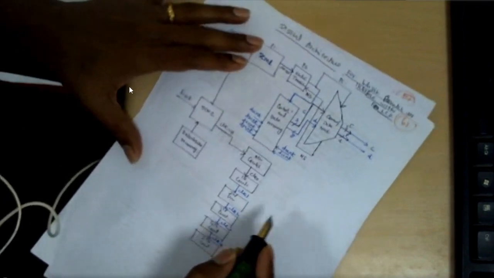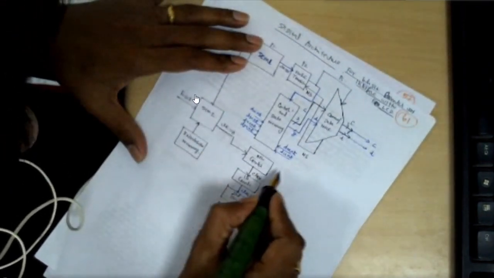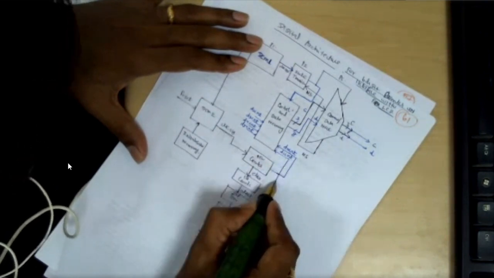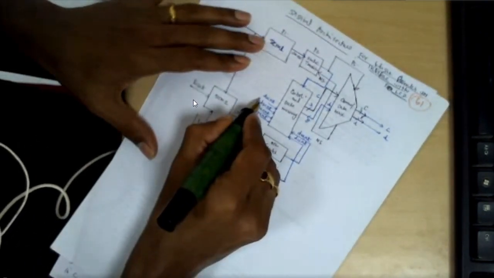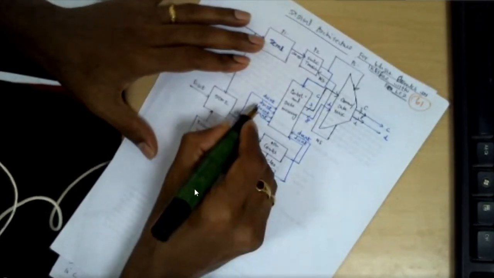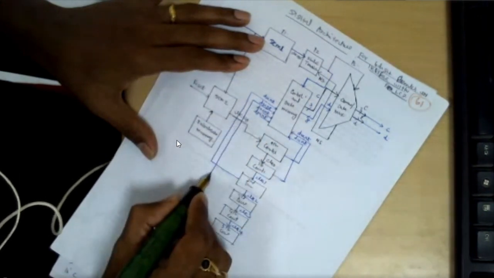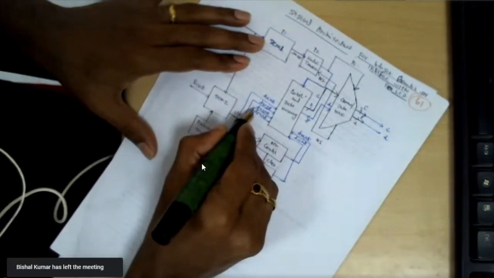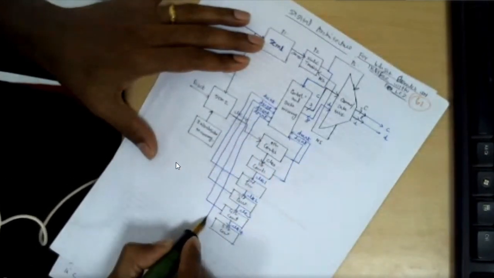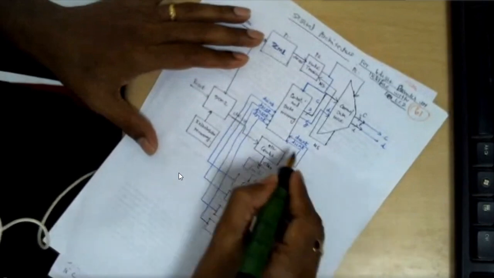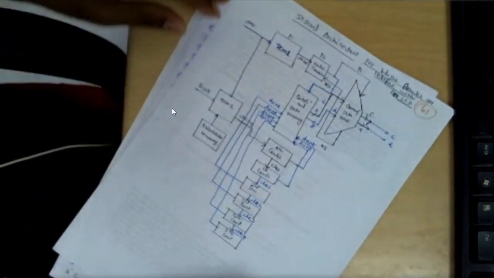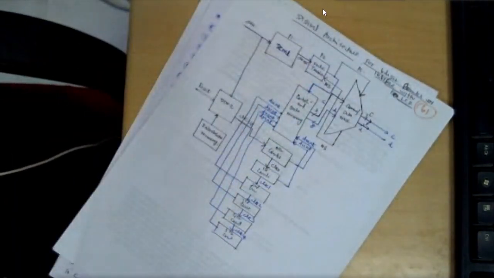Now D0 CNT is going here, D1 CNT there, D2 CNT is coming from here, D3 CNT, D4 CNT, and D5 CNT from here. So our FPGA is here. This is our FPGA.